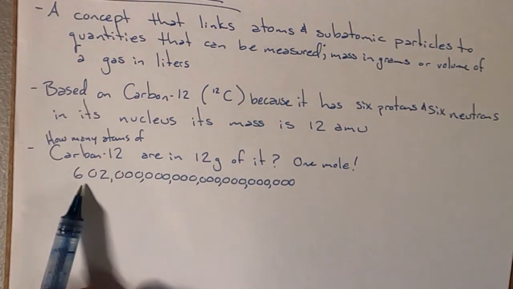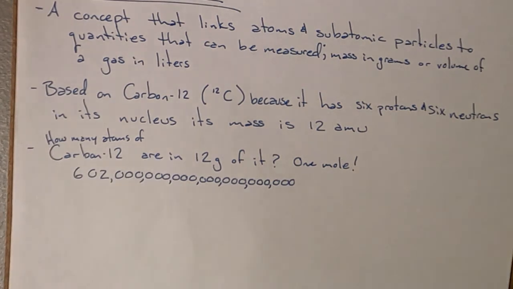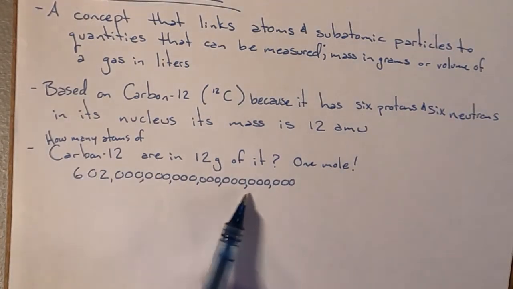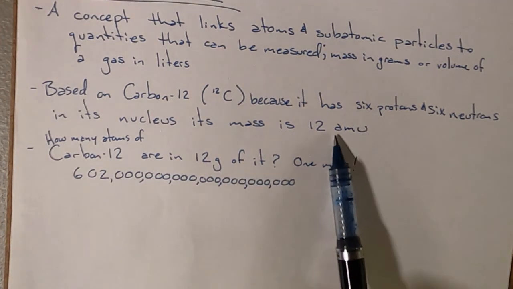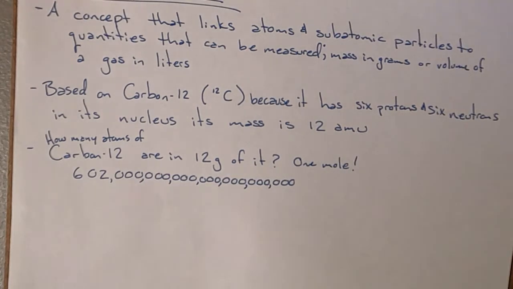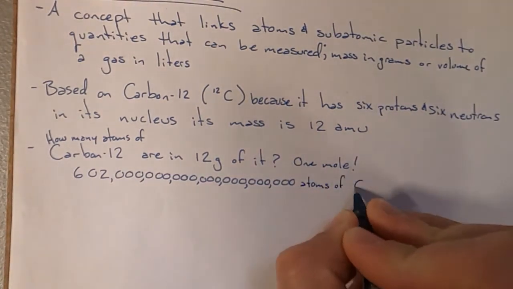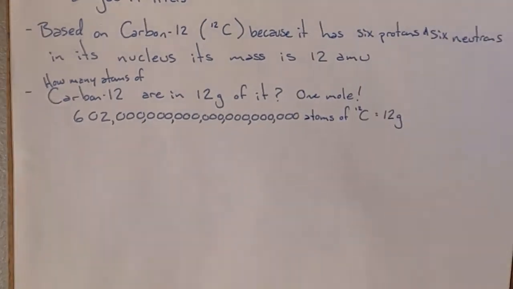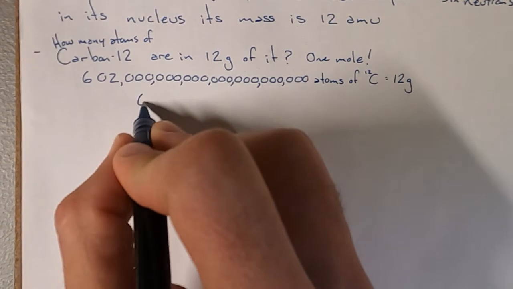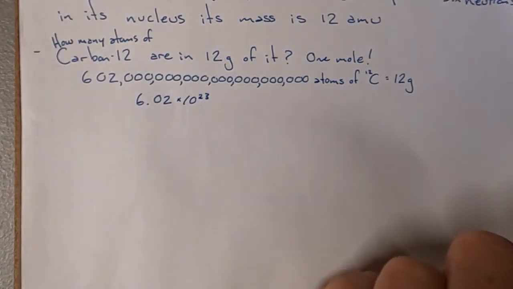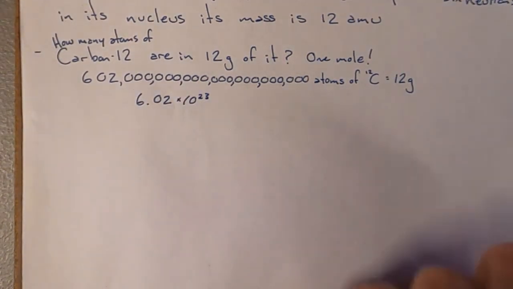So this number is how many atoms, how many molecules, how many formula units, how many things are in that many grams of that substance which has that many atomic mass units. Now this can be simplified using scientific notation to 6.02 times 10 to the 23rd.